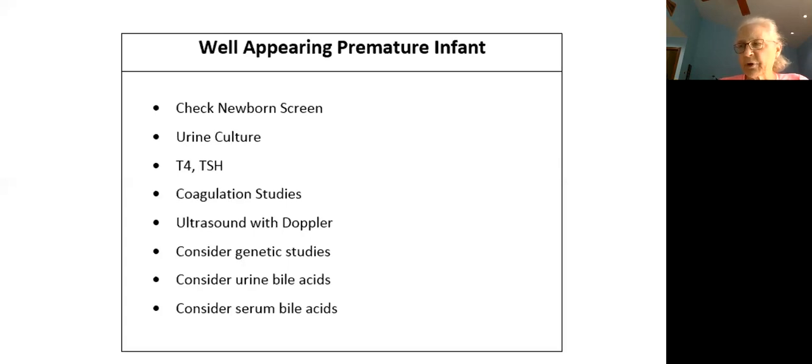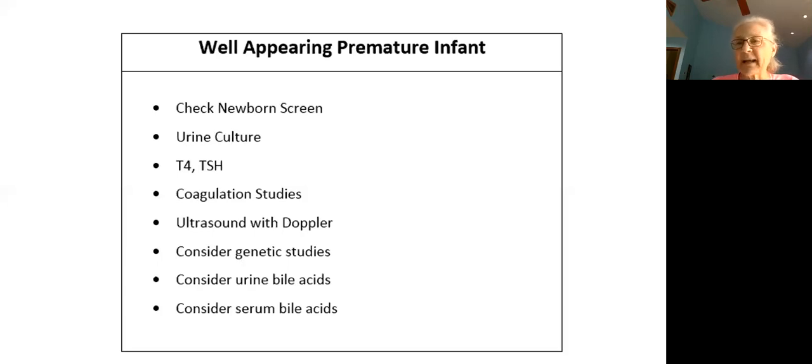I always ask for an ultrasound with Doppler because congenital malformations or blood vessel flow issues are common, and these babies tolerate ultrasound well. I consider genetic studies early in the course. You need to get them before you transfuse the baby, and they take a while to come back, but you get a lot of information for a little bit of blood.